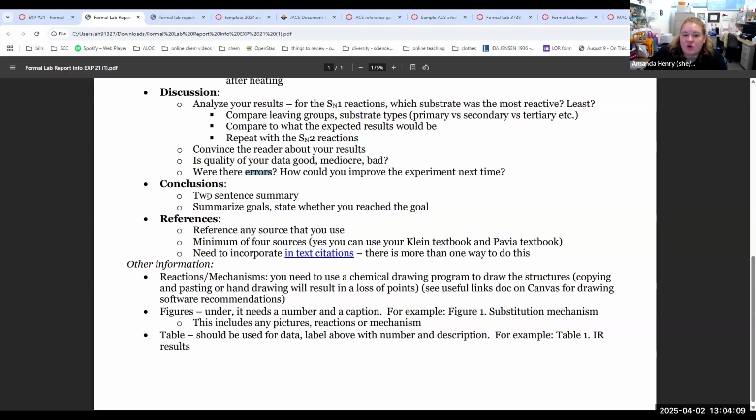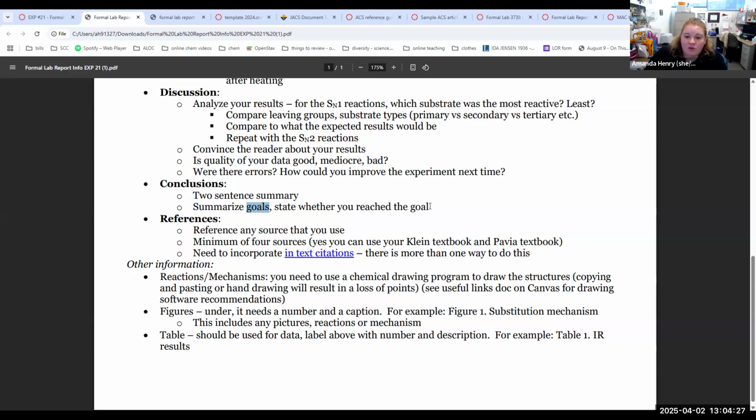The conclusion is only 2 sentences. The first sentence is the goal. And then the second sentence is whether or not you reached the goal. So for this one, the goal was to compare those SN1 and SN2 using all these different substrates.